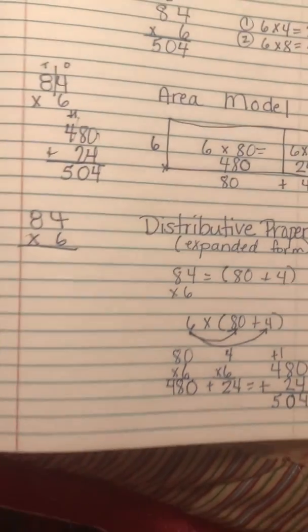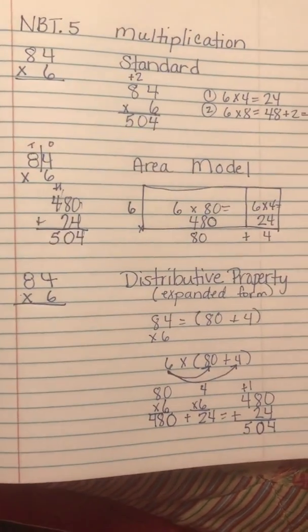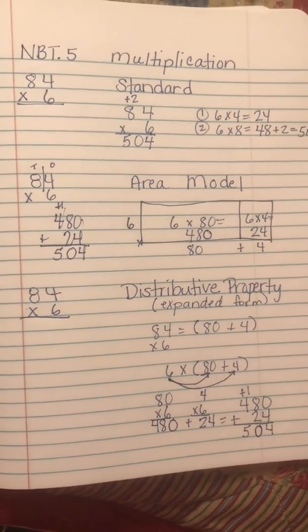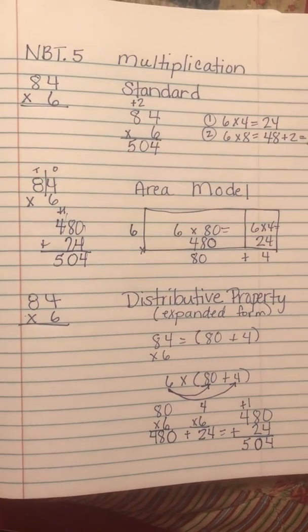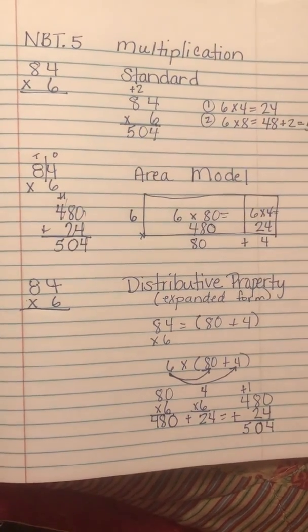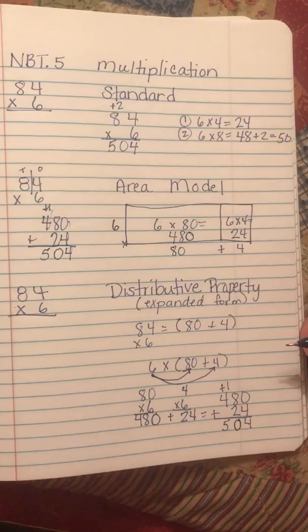And here the video is complete for how to utilize standard algorithm, area model, and distributive property to multiply a 2-digit by 1-digit number. P.S. Please note that these 3 strategies can also work for a 3-digit by 1-digit and a 4-digit by 1-digit.